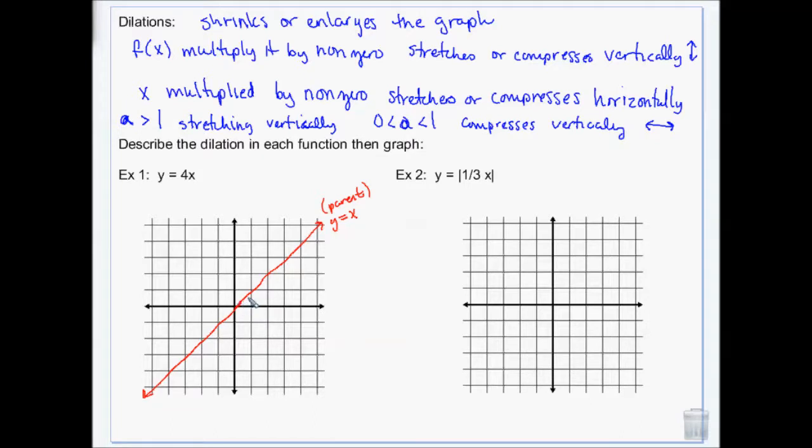Well, now if x equals 1, y equals 4. 0, 0 is still the same, but if x equals negative 1, y equals negative 4. And so what we've done is we've stretched that graph vertically because we turned a 1 into a 4.